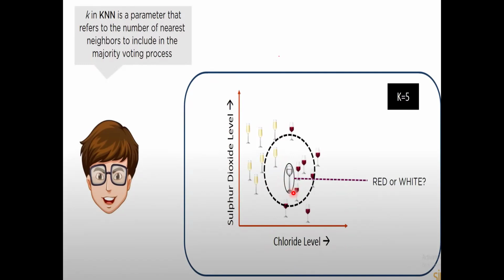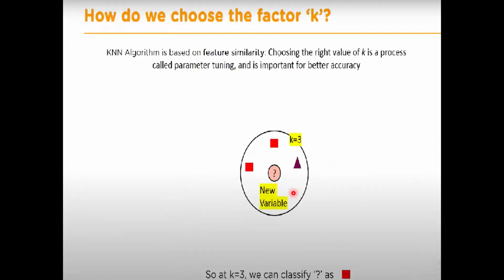How are we going to choose this K factor? How can we justify that this K factor equals some numeric value? KNN algorithm is based on feature similarity. Feature similarity is about what kind of attributes and features that particular new data point has, which we analyze first.